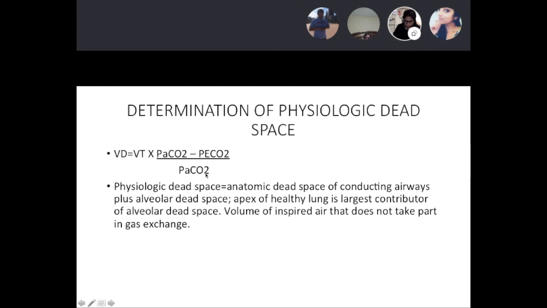So I know that Divya has mentioned this before, but you can remember it as TACO, which is the T for tidal volume, PACO for the PA, PICO over PACO again. So that's just like the order. And again, physiologic dead space is equivalent to the anatomic dead space. It should be very much the same. And it's the dead space of the conducting airways plus the alveolar dead space. And so the apex of the healthy lung is the largest contributor of the alveolar dead space, volume of inspired air that does not partake in gas exchange.